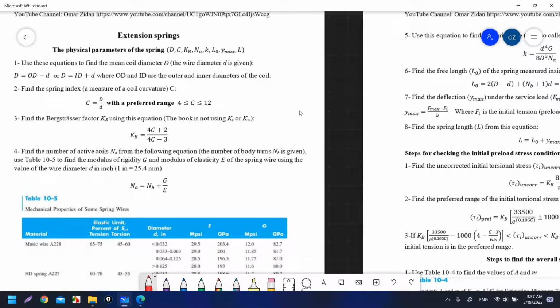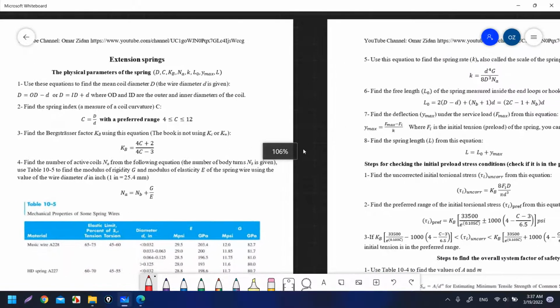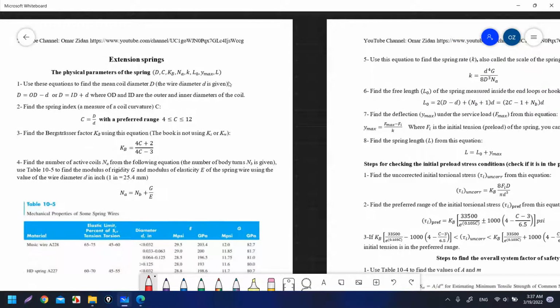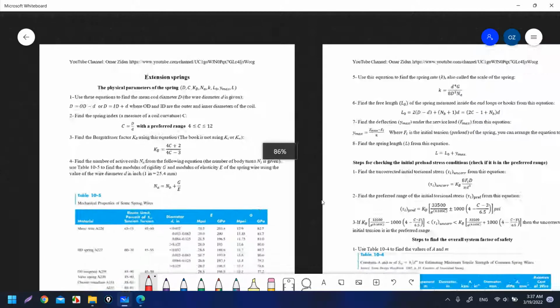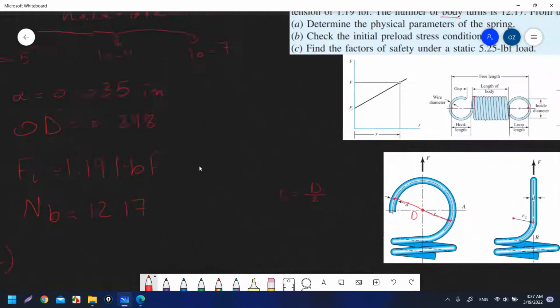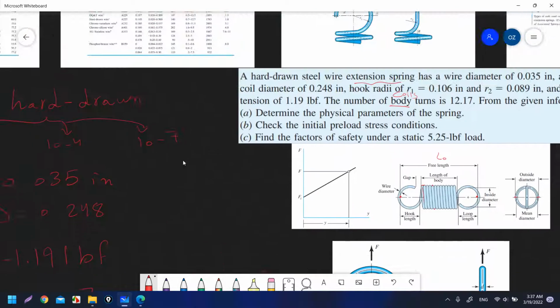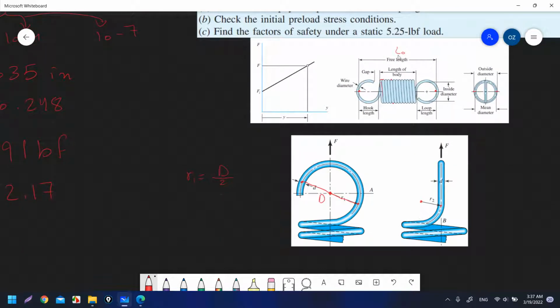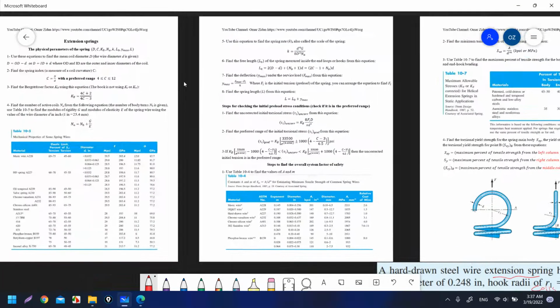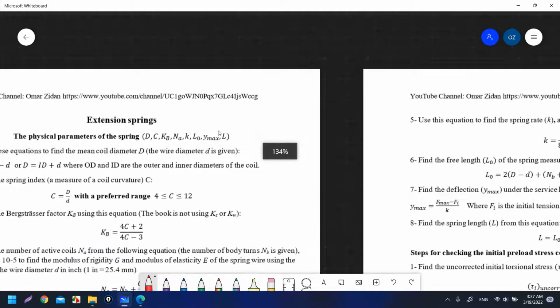Y max is the deflection. We will see why we call it max. L naught is the free length. The free length is from this point to this point. So at the beginning it will be L naught, then you will apply an extension or tensile force, then it will be deflected by a value equal to Y max.